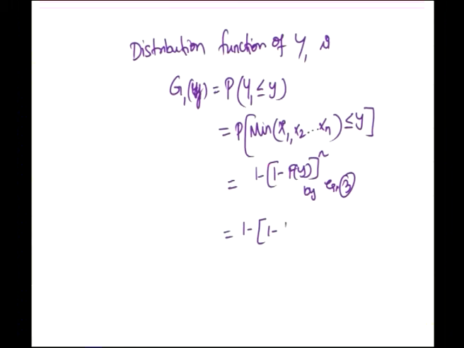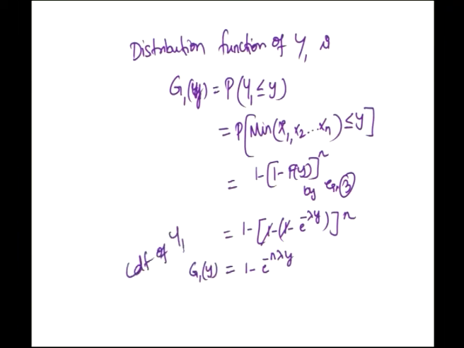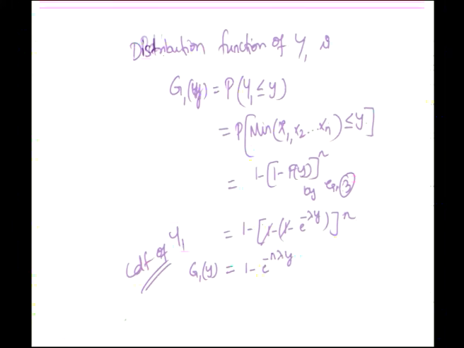So, 1 minus of 1 minus 1 minus e power minus lambda y whole power n. This 1 gets cancelled and you will have only 1 minus e power minus n lambda y. This is the CDF of y1.